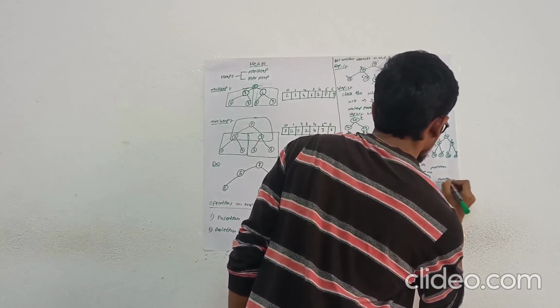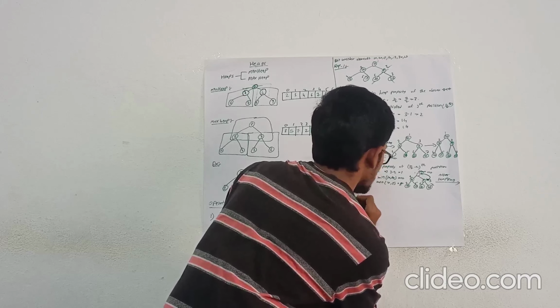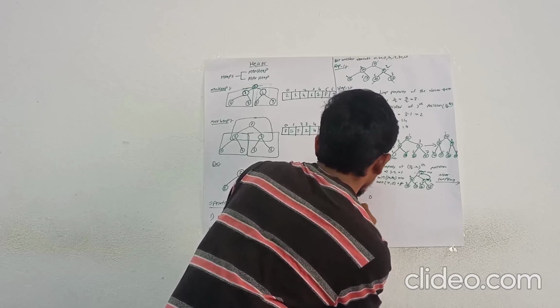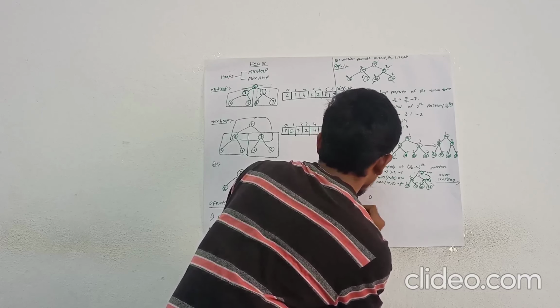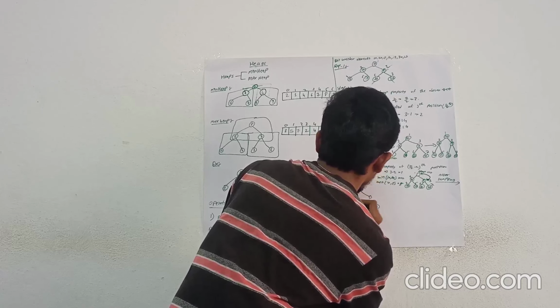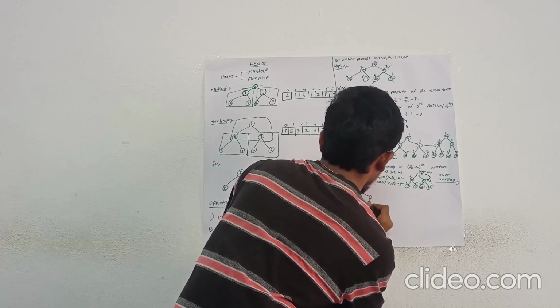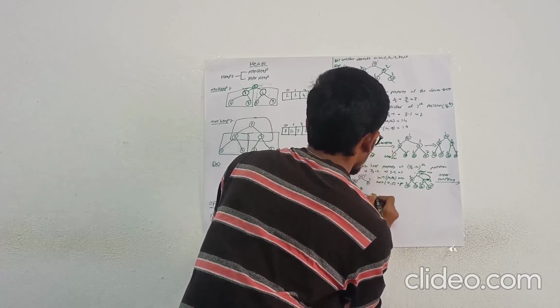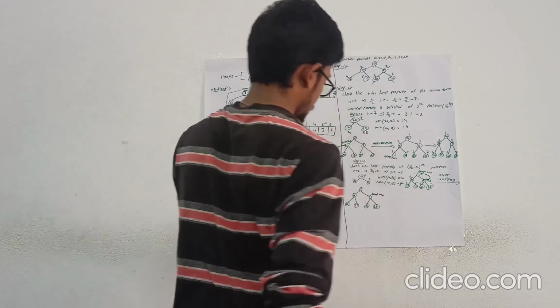Now we have to swap the elements. So the tree becomes this. Here temp is equal to 10.